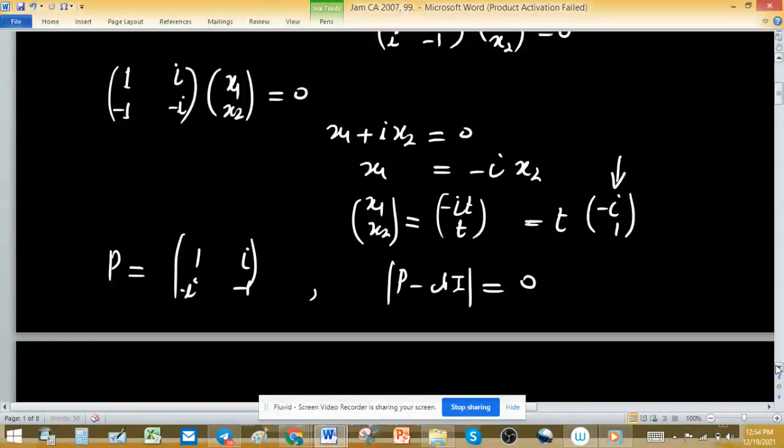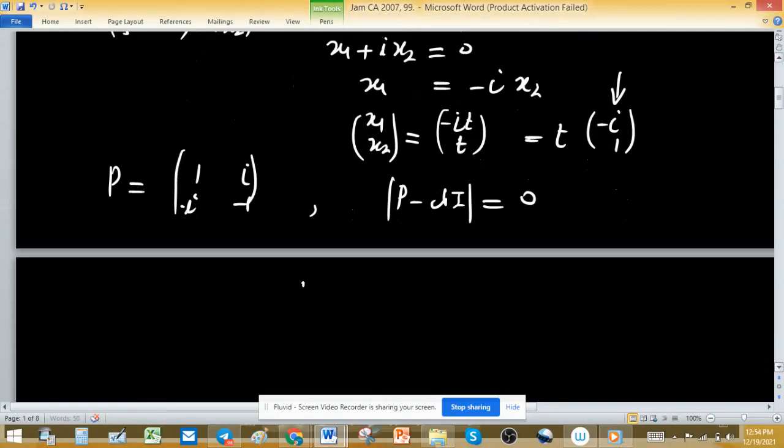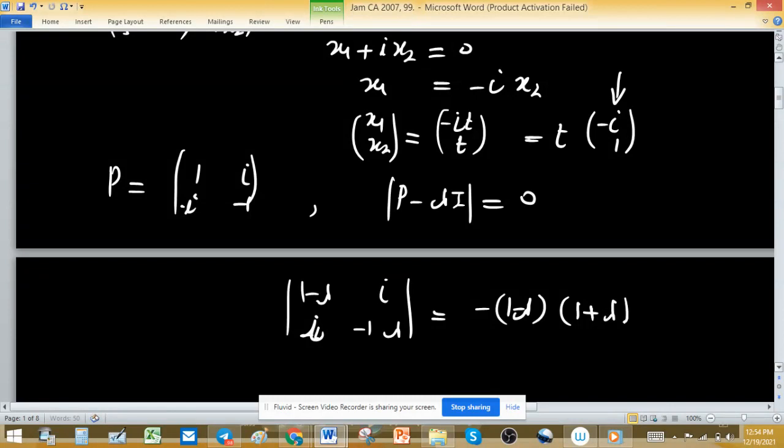On further simplifying, we have 1 minus lambda and minus 1 minus lambda, and this one is iota. The determinant of this is equal to 1 minus lambda, or you can take a minus outside, and this one 1 plus lambda, minus of minus minus turns to positive.